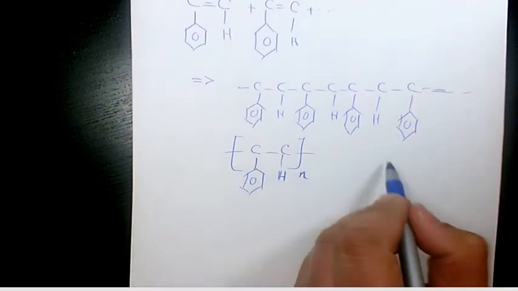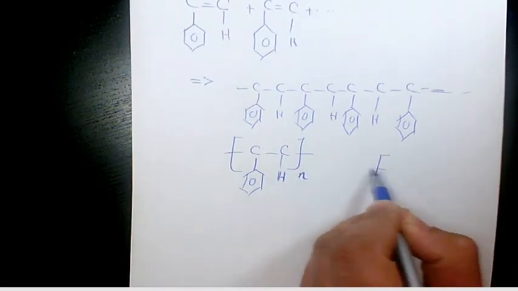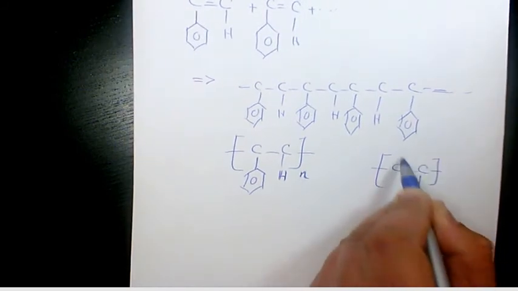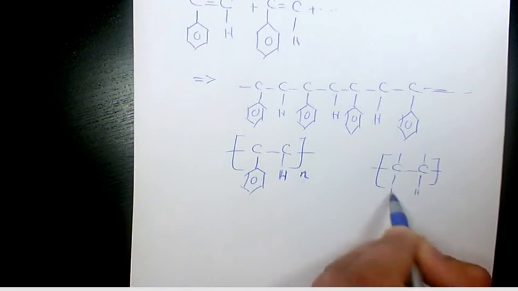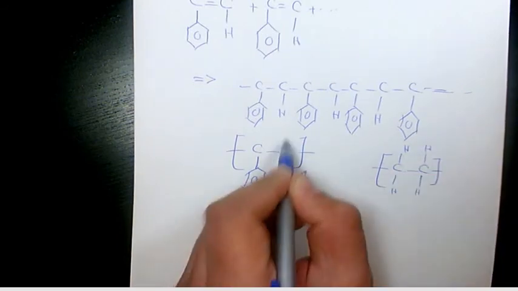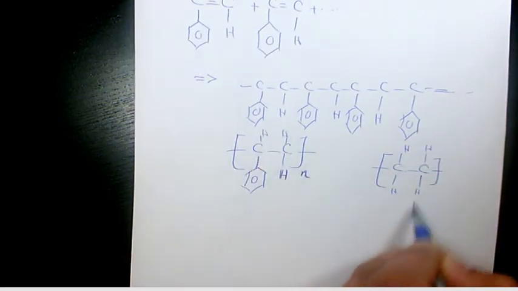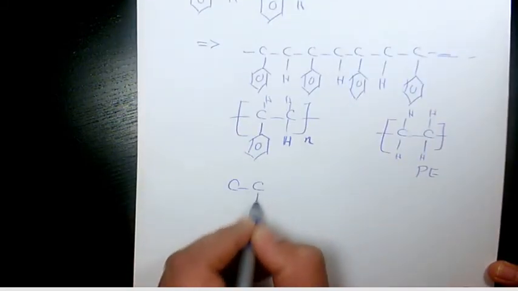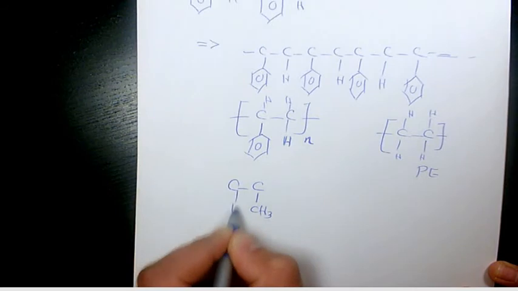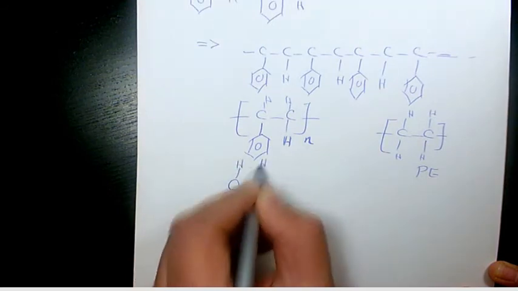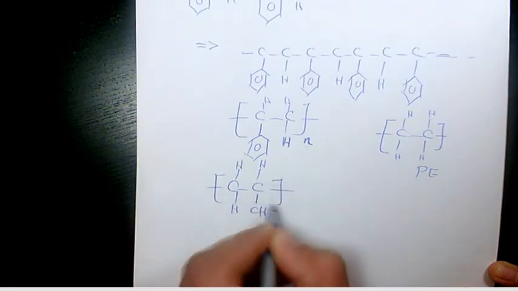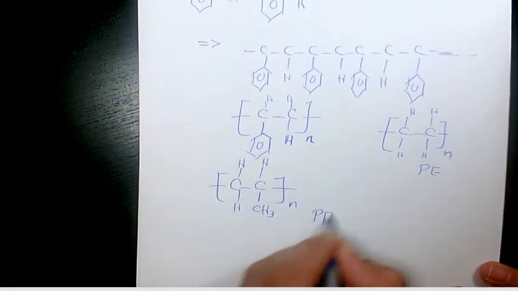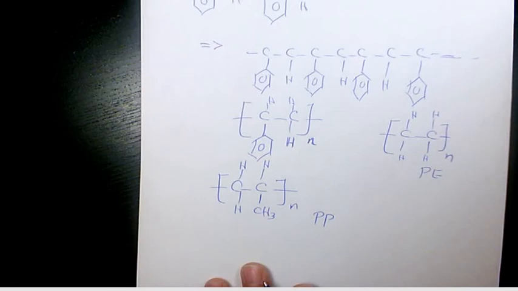We could write it for polyethylene as well: hydrogen, hydrogen, hydrogen, hydrogen. And for polypropylene, we could write it as well. And that shows the degree of polymerization. Let's see other examples.